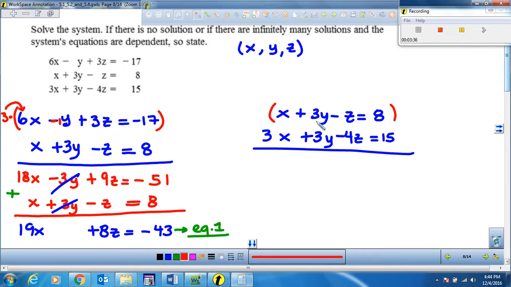Since you see the y's have negative 3y and positive 3y, let's use multiplication times a negative 1. I'm choosing to multiply the first equation times a negative 1. Now, why am I not multiplying the second one times a negative 1? Just because there's not a specific reason. So negative 1 times x is negative x, negative 1 times 3y is negative 3y, negative 1 times negative z is plus z, negative 1 times 8 is negative 8.